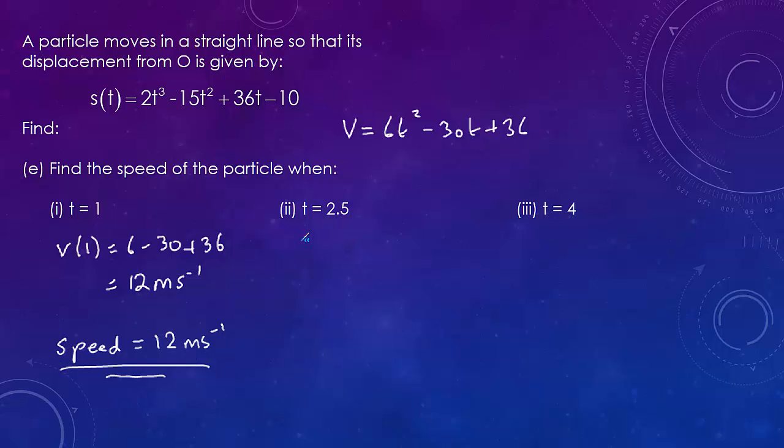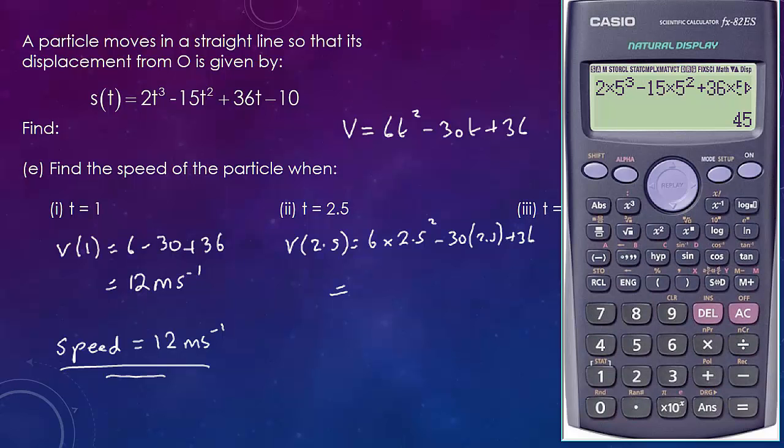When t is 2.5, v of 2.5 is equal to 6 multiplied by 2.5 squared minus 30 times 2.5 plus 36. And I think we best calculate that. So we've got 6 multiplied by 2.5 squared.